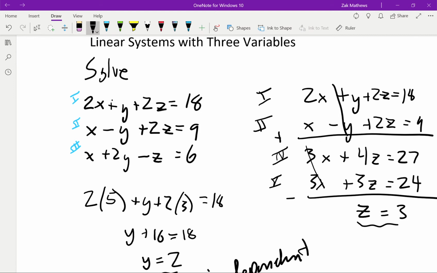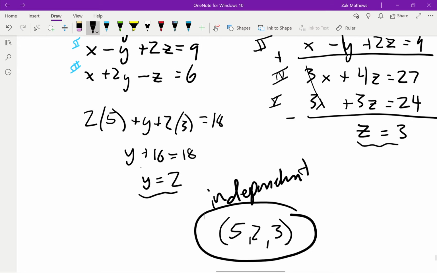If we have more variables than equations, we are guaranteed to have a dependent solution set, where we have to solve x in terms of y or z in terms of x. We'll look at those down the road. But we should always kind of be hoping that we have the same number of equations as variables. If we have more variables than equations, we're not going to have a chance at getting to a single solution. We'll have an infinite solution set.